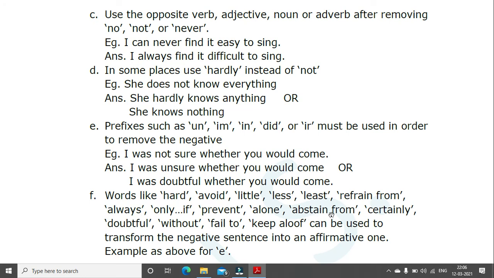Whereas abstain from means staying away, like not eating. Mostly it's meant for eating. Abstain from eating meat, like when you have your fast. You'll abstain from eating some particular food, especially non-veg. So refrain from means control yourself from doing something, and abstain from means control or stay away from eating something mostly. Okay.